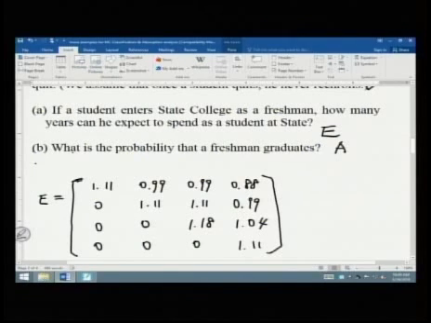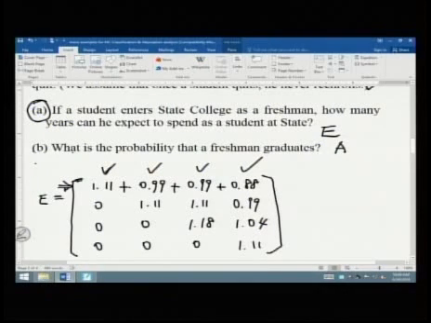So how do you answer the first question? If a student enters State College as a freshman, we need to look at the first row. How many years can you expect to spend as a student? The sum. This is freshman, sophomore, junior, senior, which means you need to add up all these four numbers.